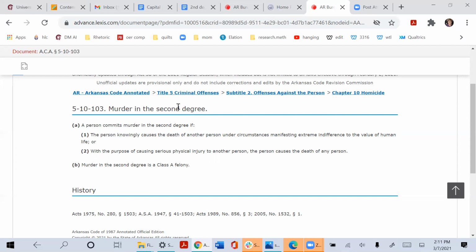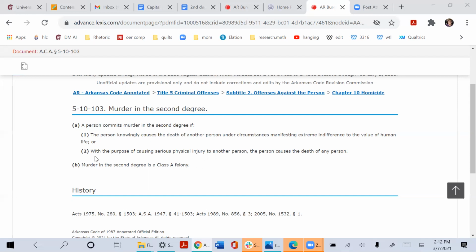Now, what happens with item 2? This is a different way that one could be charged with second degree murder. It has to do with one's level of intention to cause physical injury that then causes the death of any person.